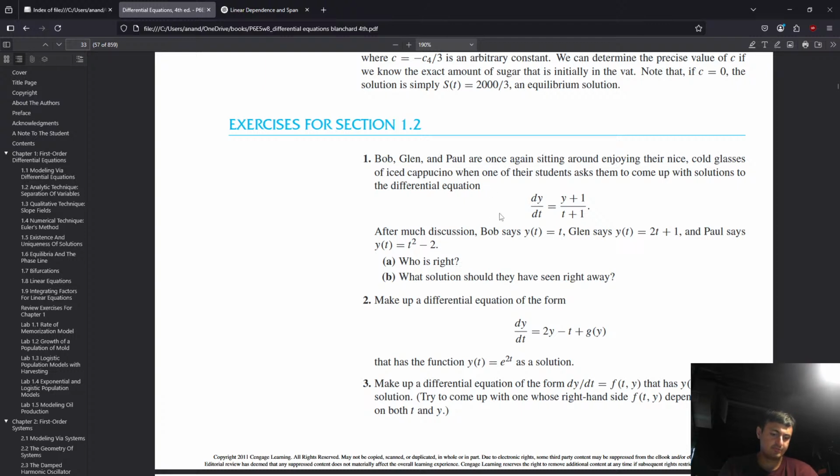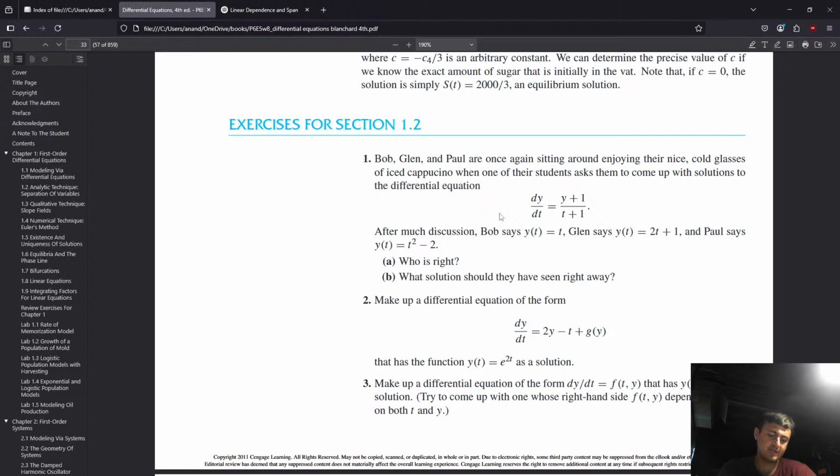All right, so we got this is gonna be 1. dy/dt is equal to (y plus 1) over (t plus 1). So this is clearly separable, right? Where f of y is equal to y plus 1 and g of t is equal to (t plus 1) to the minus 1.